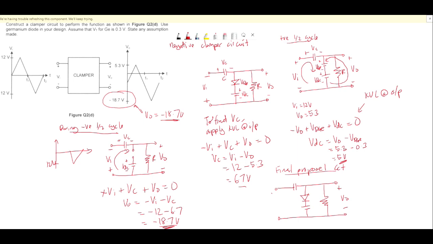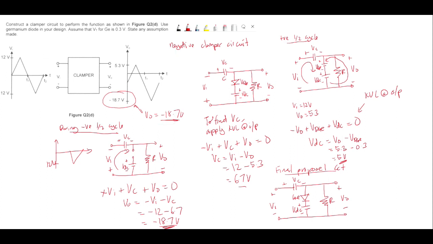Out, V in. This is a germanium diode. This is plus minus VDC, which is 5 volt. So plus minus VC. This is your final circuit. Make sure you draw the final circuit if you don't want to lose the marks. I think that's it for the design question. I hope you understand.